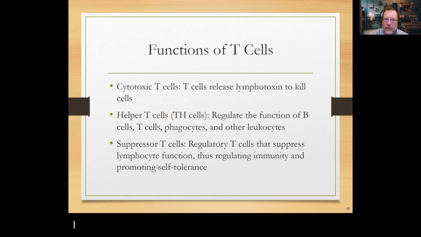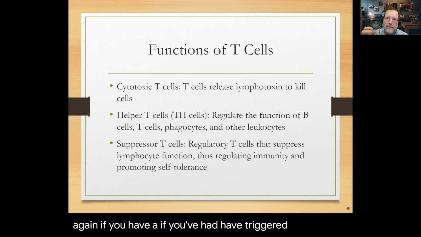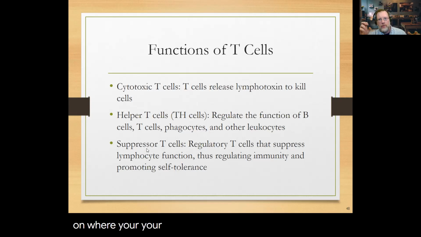Because again, if you have been triggered because of a viral infection, you have this conundrum going on where your immune cells just keep coming and keep coming, and we need them to stop.